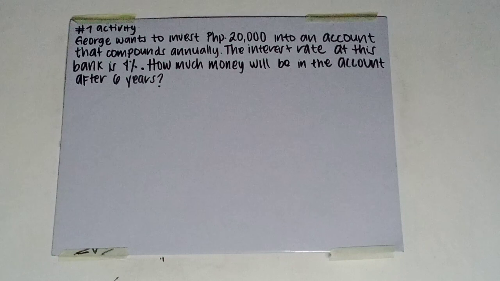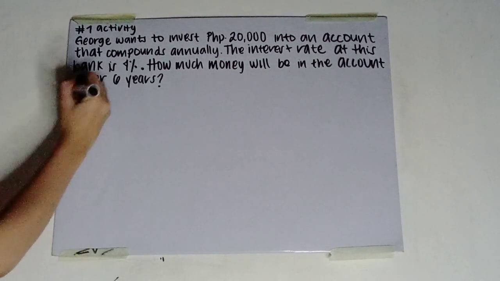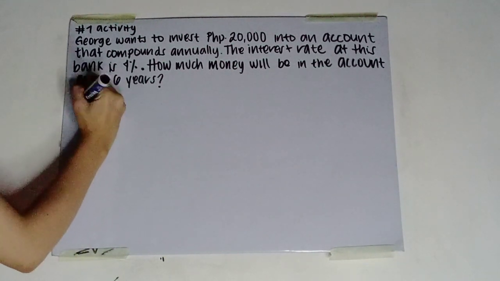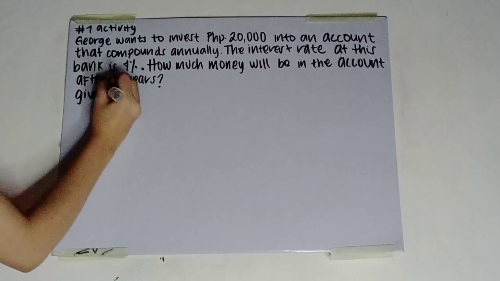Okay, time for checking. So we will check first activity number 1. George wants to invest 20,000 pesos into an account that compounds annually. The interest rate at this bank is 4%. How much money will be in the account after 6 years? Okay, so write the given.